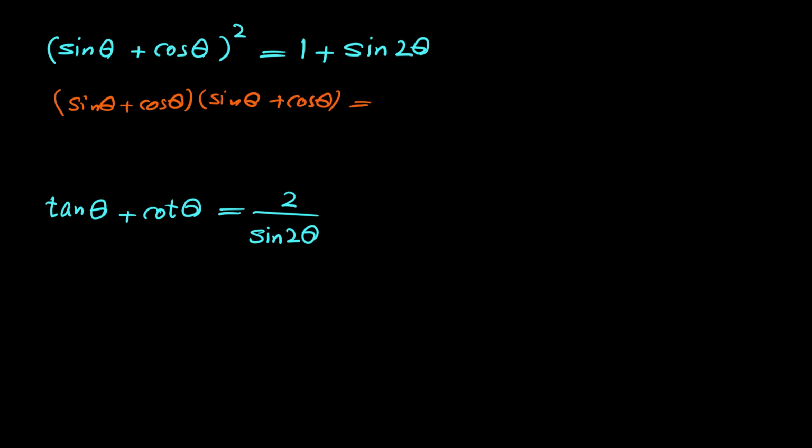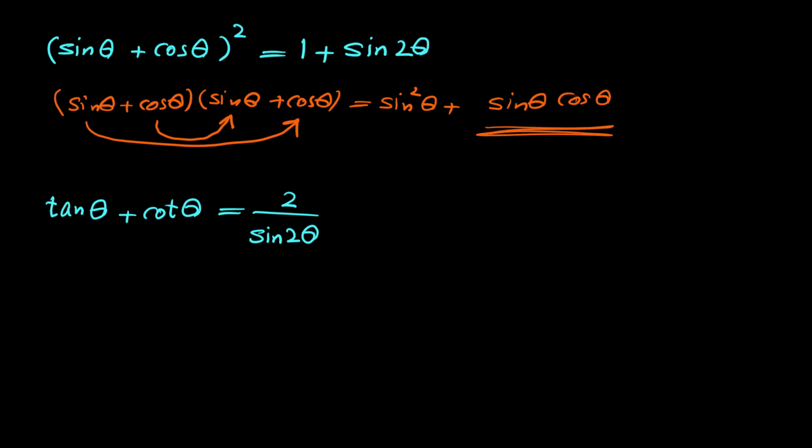By multiplying these brackets with the FOIL method, first term in the first term, sine times sine is sine to the 2. Then the outer terms, sine times cosine, we have sine theta cosine theta. Then we have cosine times sine is the same as sine times cosine, is the same as this term.